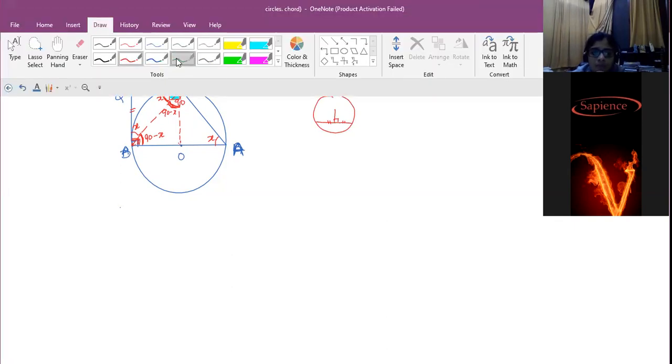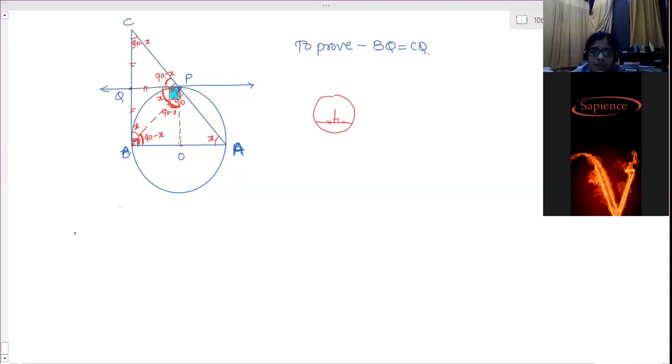Ma'am, even if we wouldn't have shown that angle QBP and angle QPB are equal, can we say that QB is equal to QP? Tangents from one point.